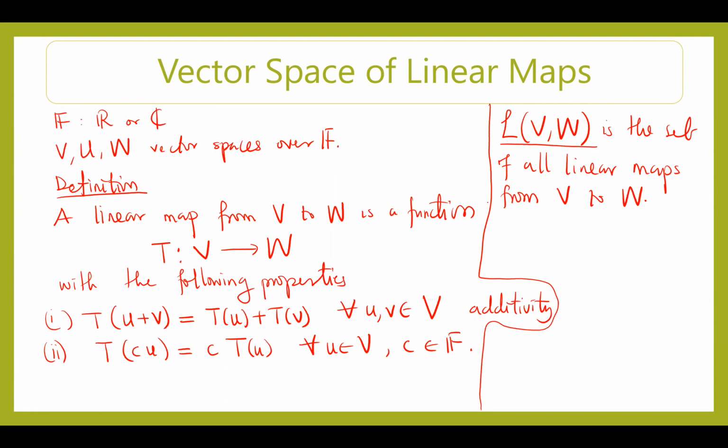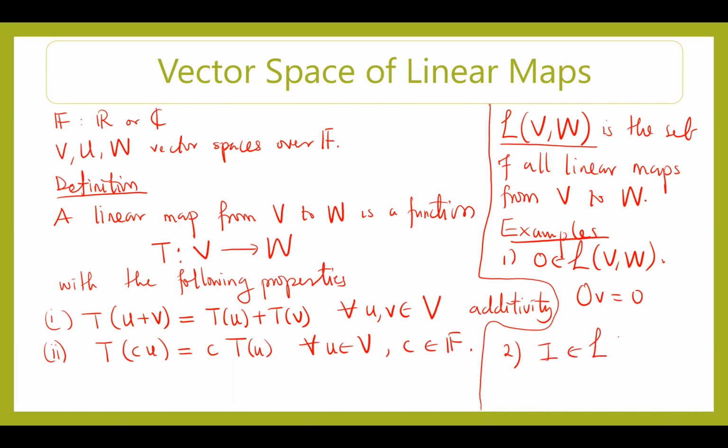All right, I'm going to be looking at some examples very soon, but I just want to briefly mention these examples, which are trivial ones. One, 0 is in L(V, W), because I can define 0 of V equals 0, and that satisfies everything we have. Also, example 2, the identity map belongs to L(V, V).